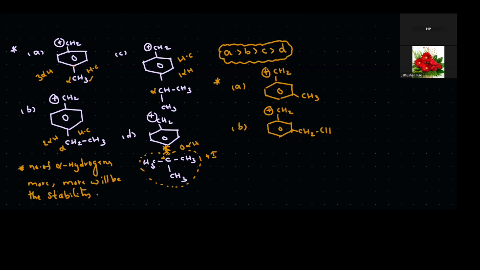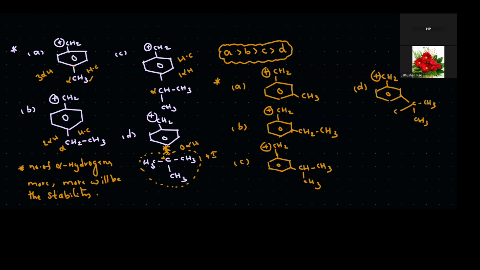Next, the third compound, benzyl carbocation, where an isopropyl group is attached to the meta position with respect to the carbocation. Next, compound D: CH3, CH3, CH3. A tertiary butyl group is attached to the meta position.